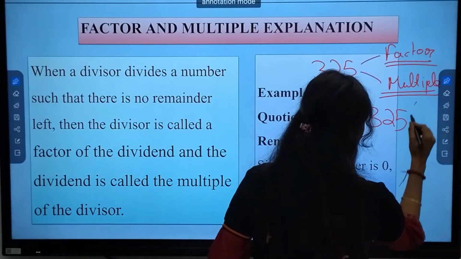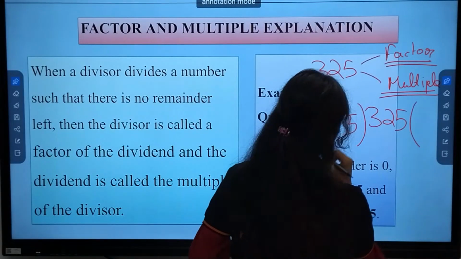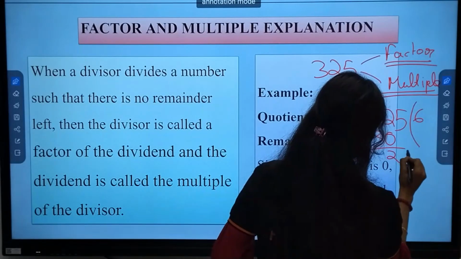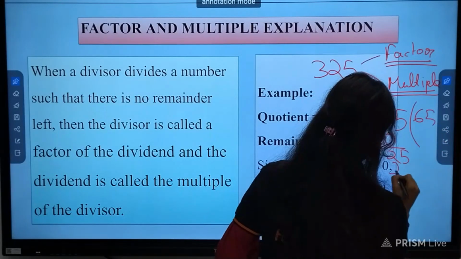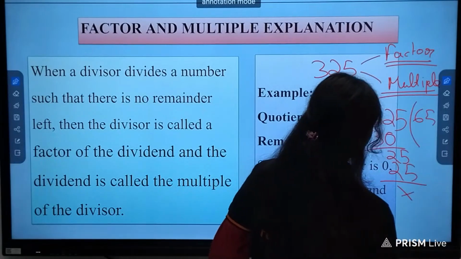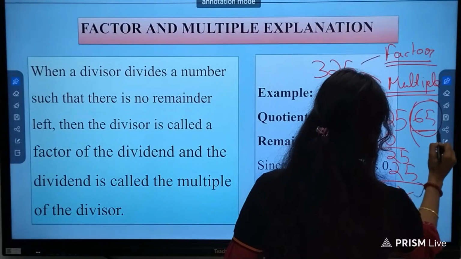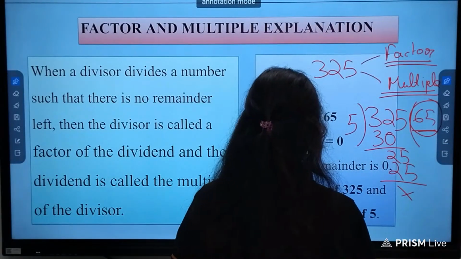So 325, if I divide it by 5: 5 sixes are 30, 5 fives are 25. Then this 65 will be the quotient and there is no remainder.